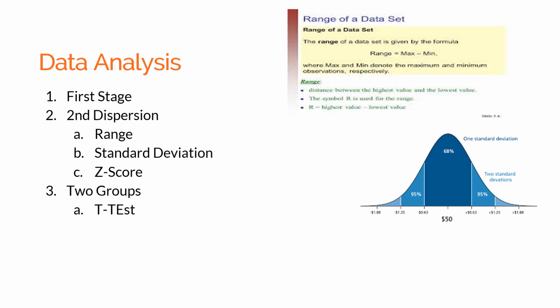And if you go outside of that, 95% of the families would fall within $300 and $400 of the standard income.